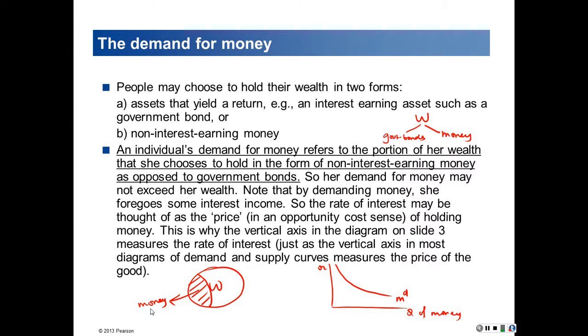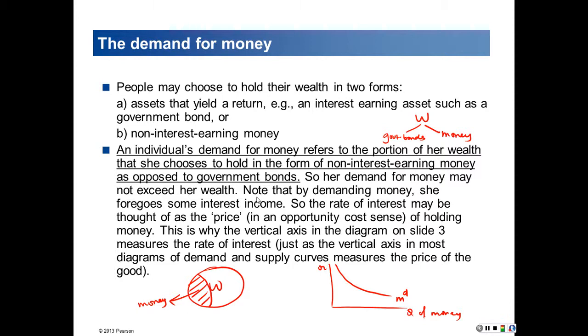Otherwise, you could perhaps keep 300 of this $1,000 in cash form, and with the remaining 700, you could buy government bonds. So you have a 700-300 split there. Is that correct? It says here, so her demand for money may not exceed her wealth.